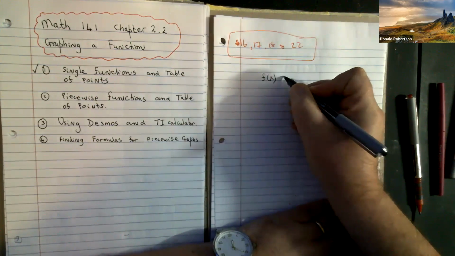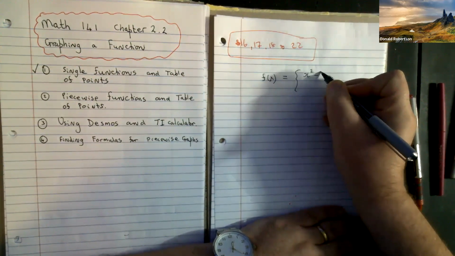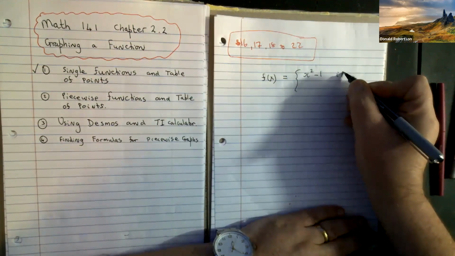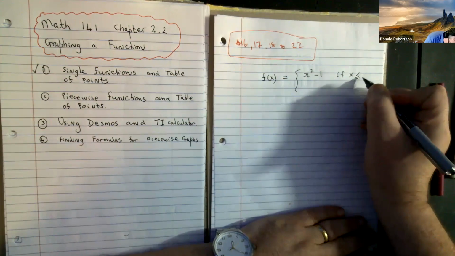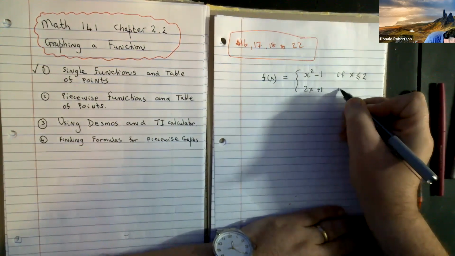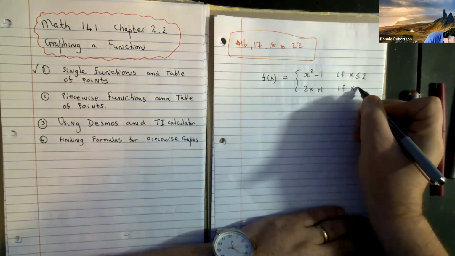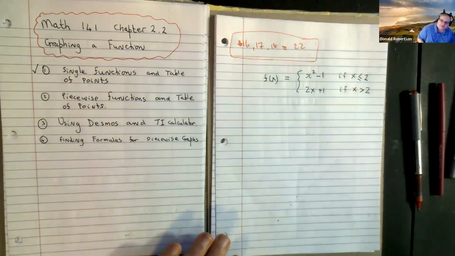Suppose we have a function f of x, and it is x squared minus 1 if x is less than or equal to 2, and it's 2x plus 1 if x is greater than 2. And we're going to sketch that piecewise function.